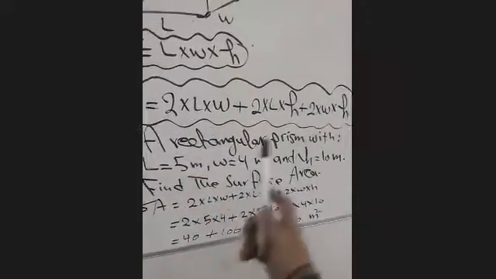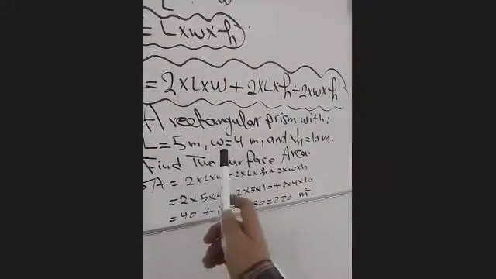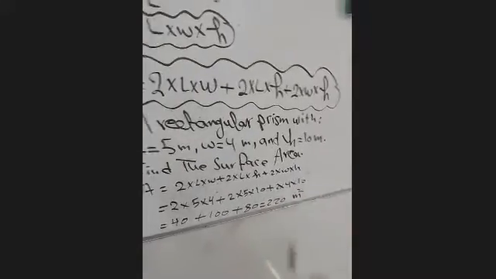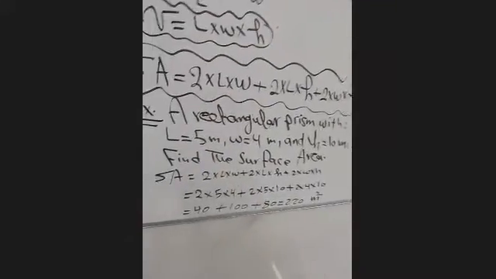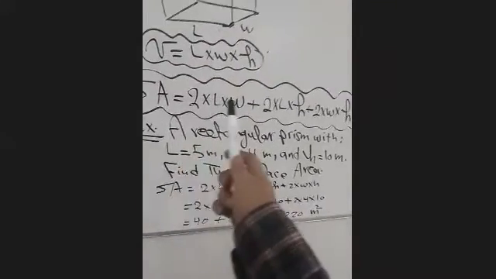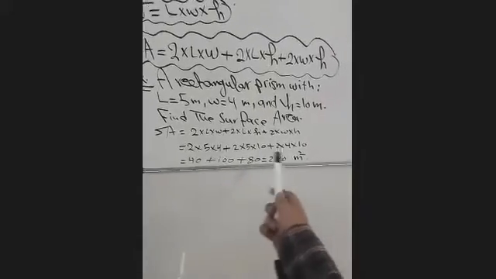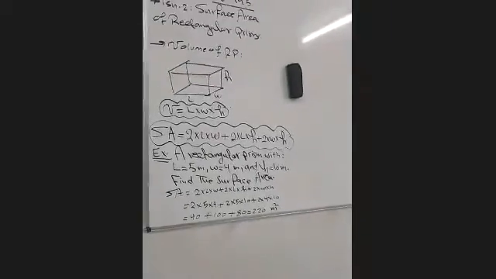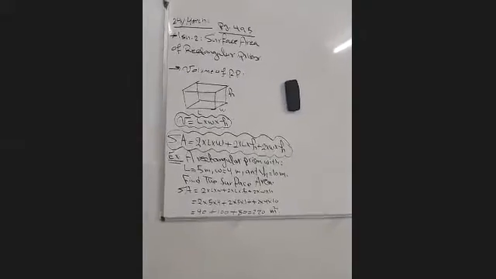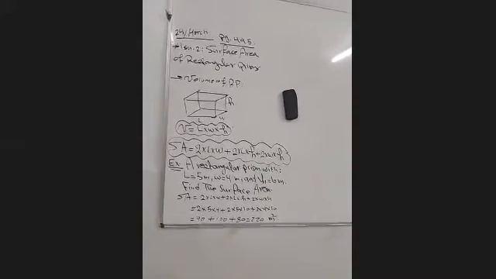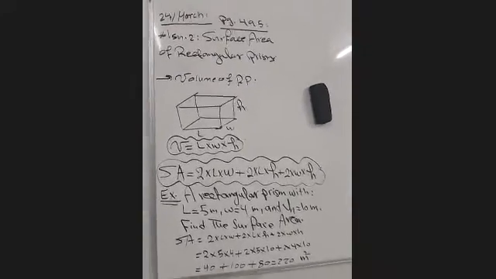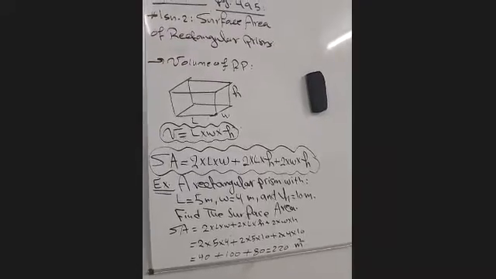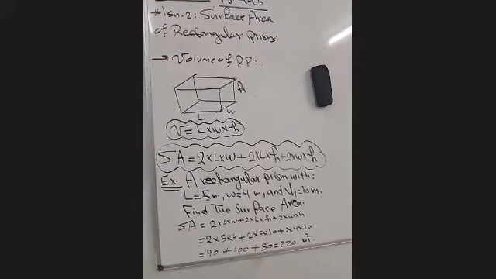Example, a rectangular prism with length 5, width 4, and height 10. Find the surface area. This is the formula. Apply it, multiply, add, find your answer. This is the idea of your lesson here, how to find the surface area of a rectangular prism.